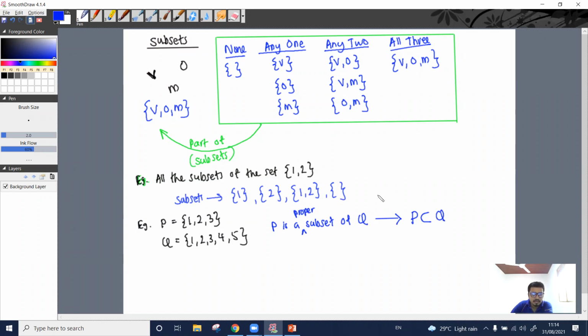Then, if we write the same like this, Q is not a subset of P. If we write it like this, how can we interpret this one?